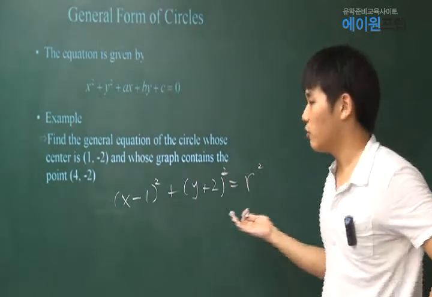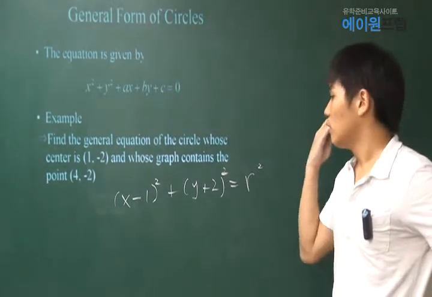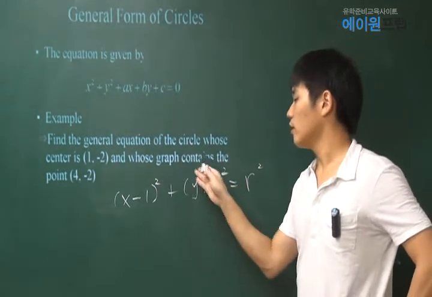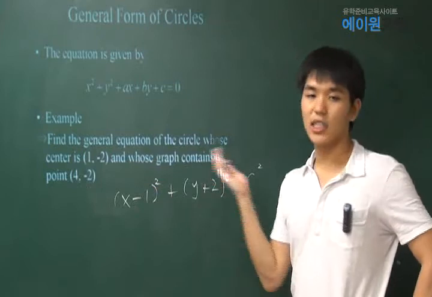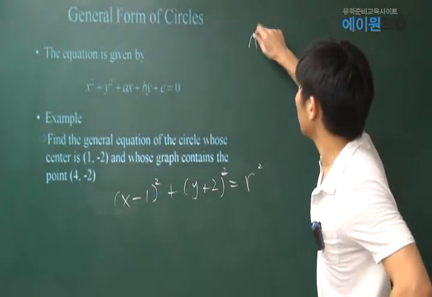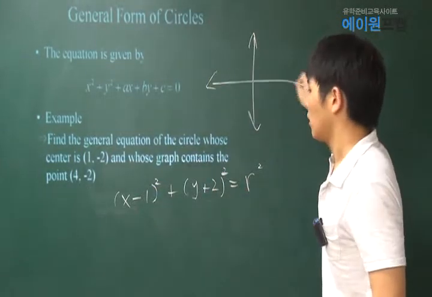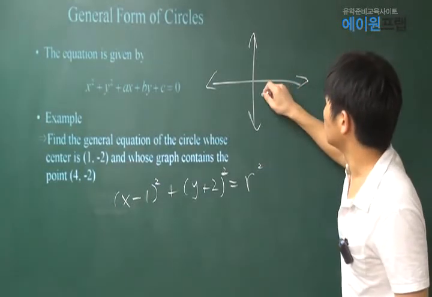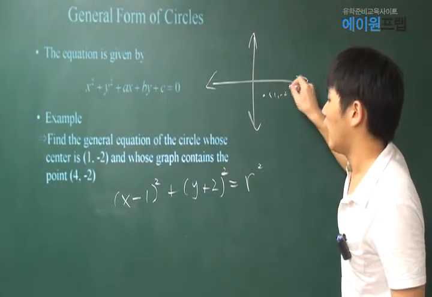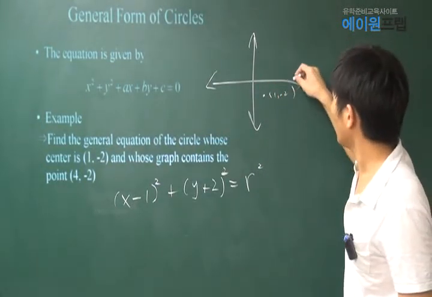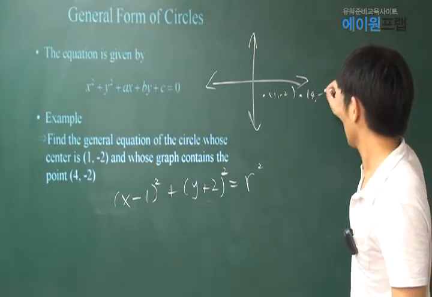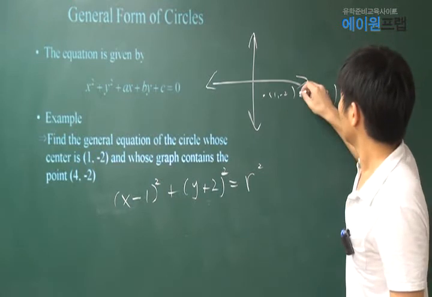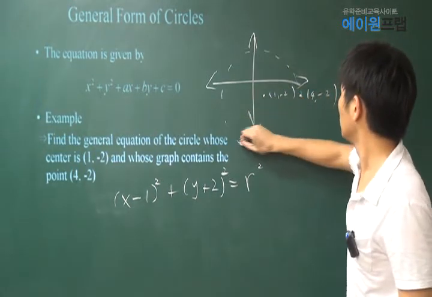So now the question is, how do you find the radius? We're given a point, 4 and -2, and we're given a center. What does that mean in terms of a graph? If I have a center at 1, -2, and the graph contains a point 4, -2, which is over here, I'll have a circle.